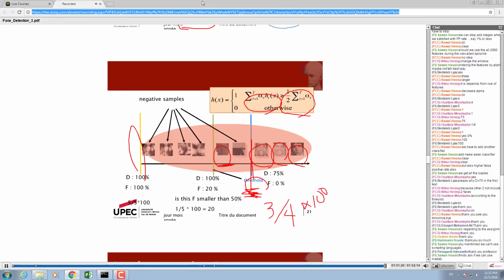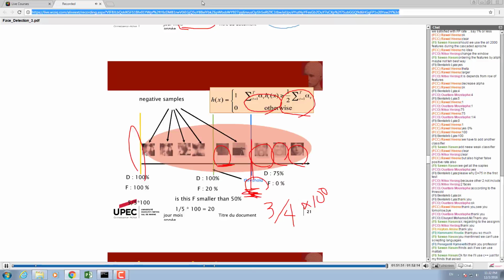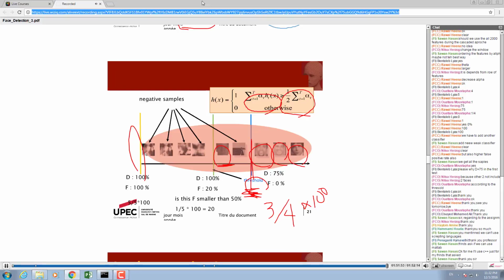Do you want to use any scripting languages? Yes, you can use MATLAB. I mentioned MATLAB before. MATLAB is very popular in computer vision, so it's okay. Python is okay too. MATLAB and Python are very popular. C, C++, Java, C Sharp are more general languages.